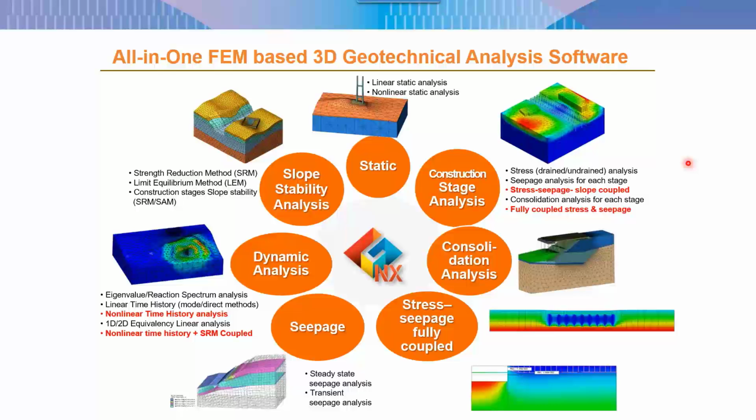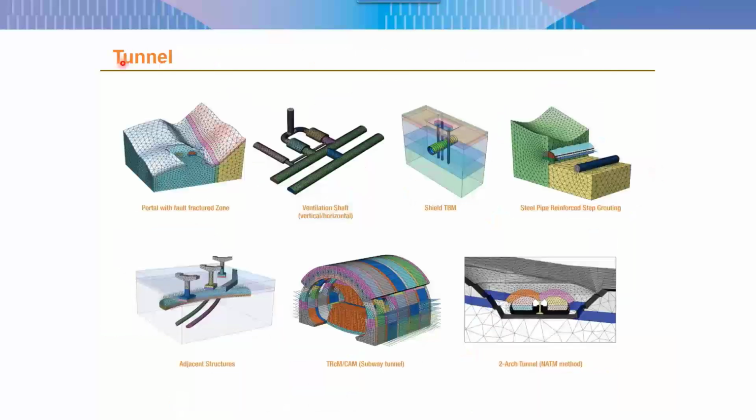So now we take a look at a few of the application areas, starting with tunnels. You can do both 2D and 3D analysis in GTS as mentioned before. The top left picture has a portal with a fractured zone or a shear zone on the longitudinal section or on the section of your tunnel progression.